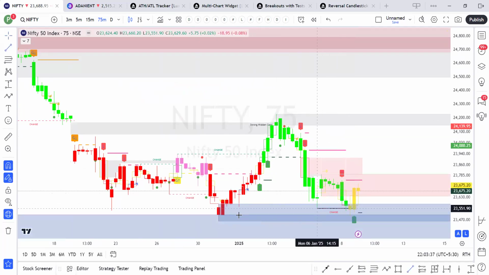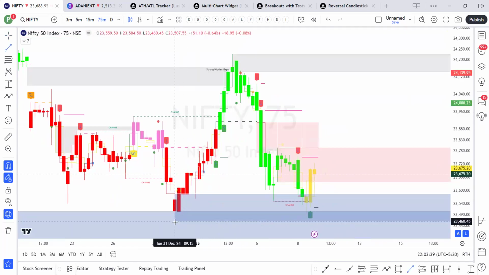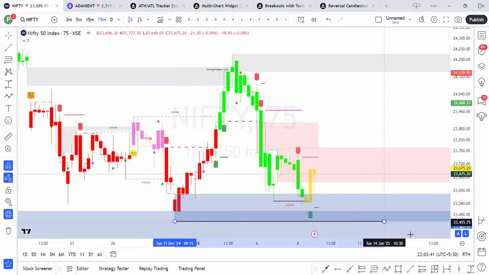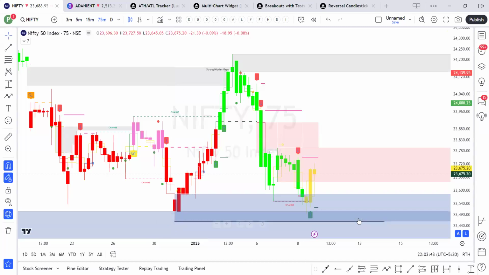It may go just below this, or it may also go below this. They may go below this buying area many times if the selling pressure is very strong, but the candle does not close below this. Many people exit because of fear that prices have gone below all the swing points, and after that they reverse.